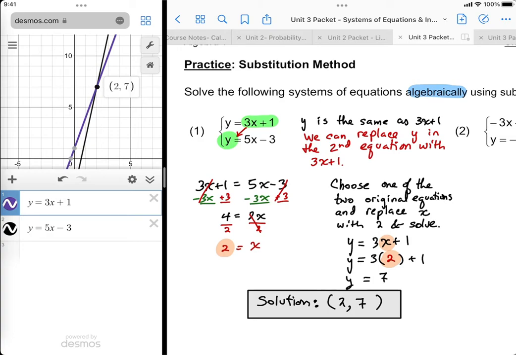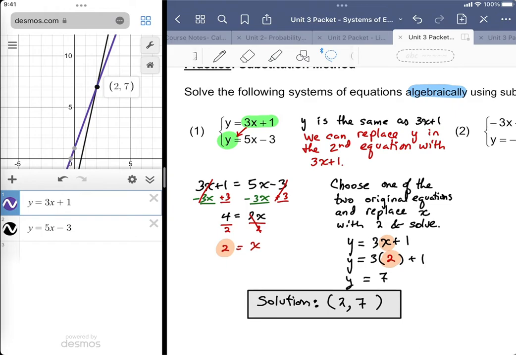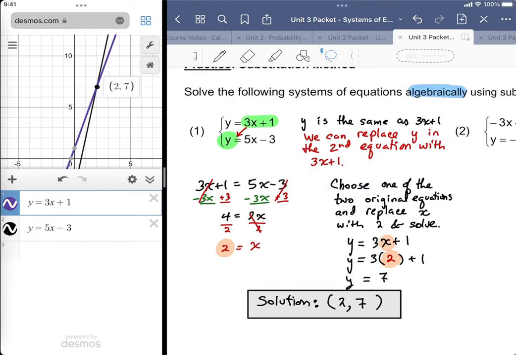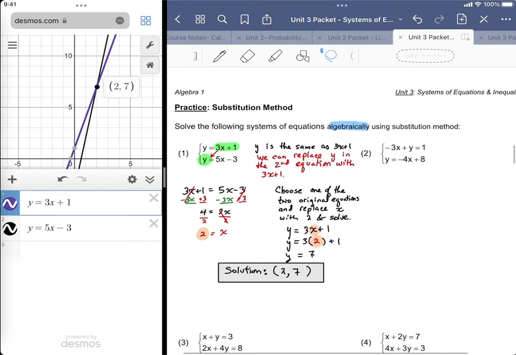Let's do another one, because they're not all this quote-unquote easy. I'm just going to do a little copy-paste job here. So number 2, we have negative 3x plus y is equal to 1, and then y is equal to negative 4x plus 8.